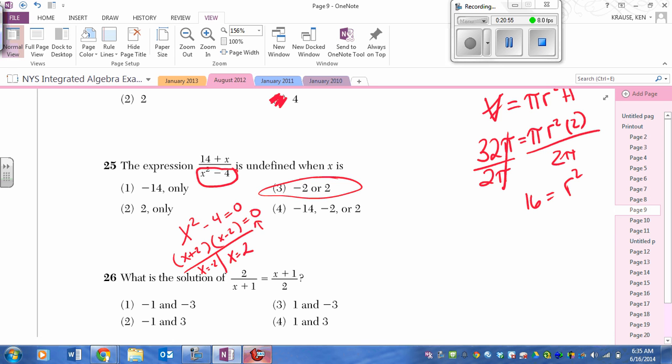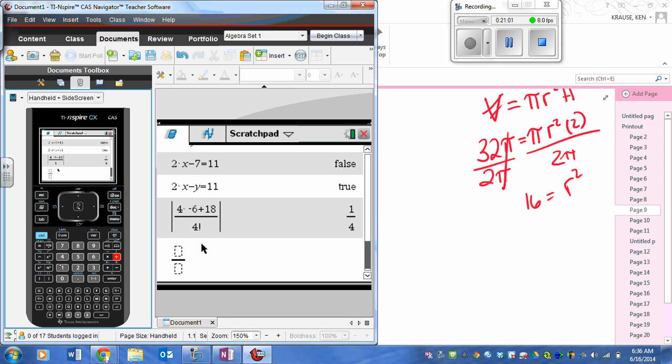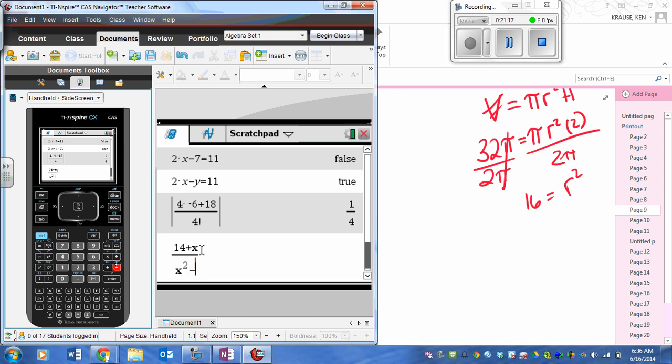If you want to switch over to the calculator and check this, 14 plus x, you do control division, 14 plus x divided by x squared minus 4.